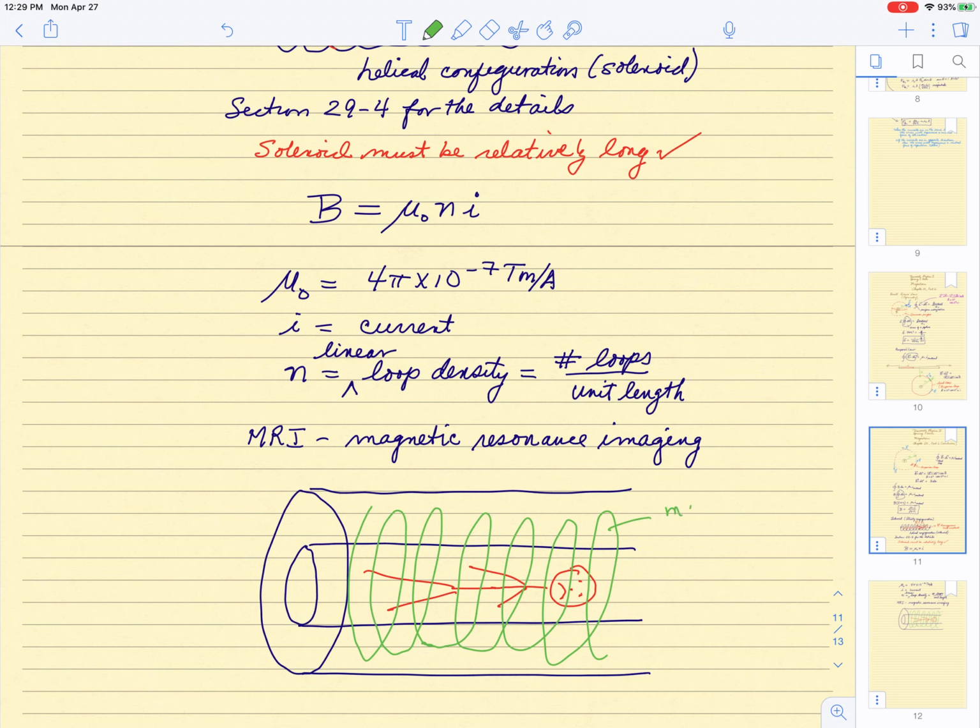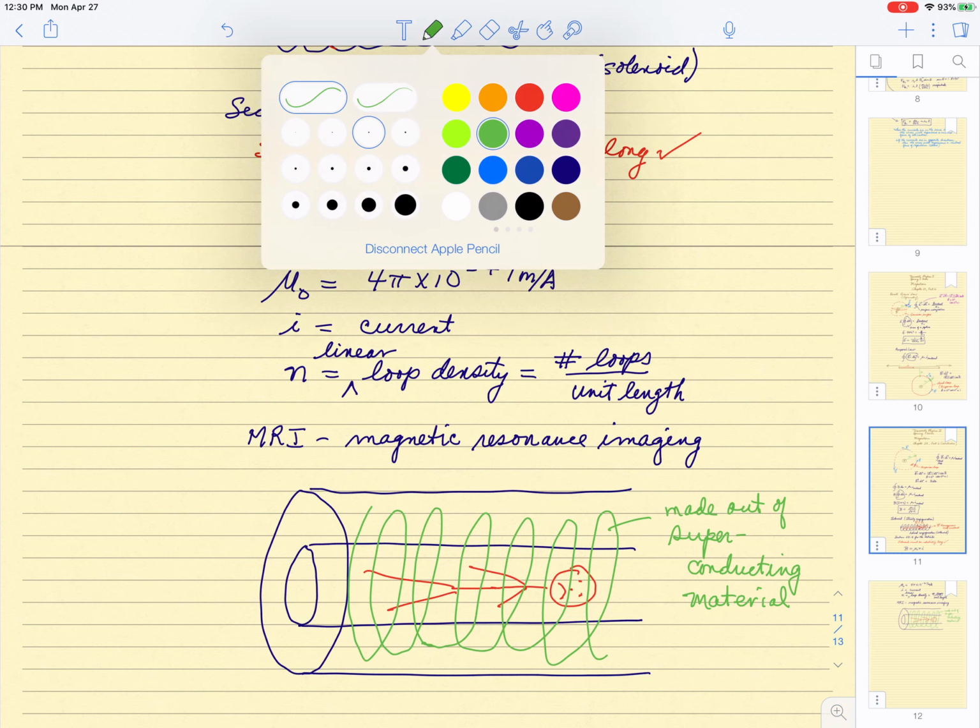This is made out of superconducting material, and it's actually being bathed in liquid helium.